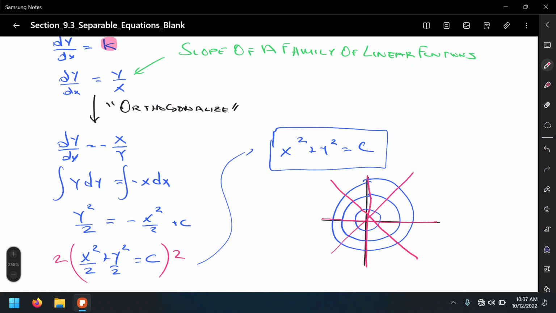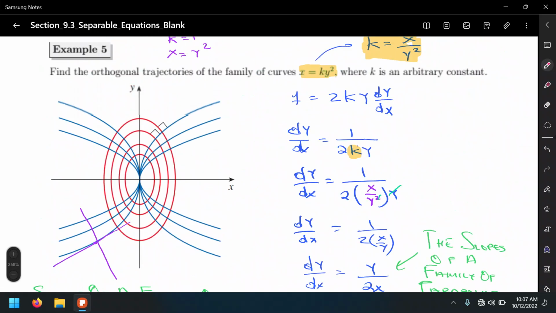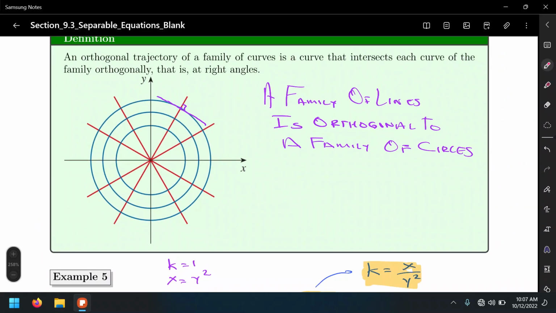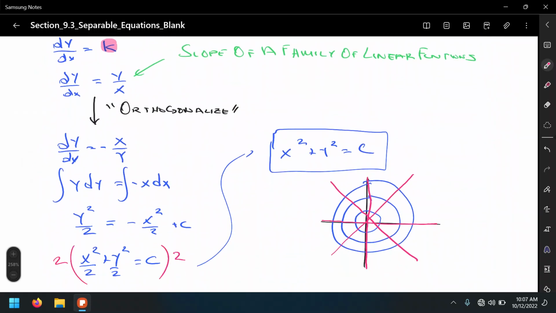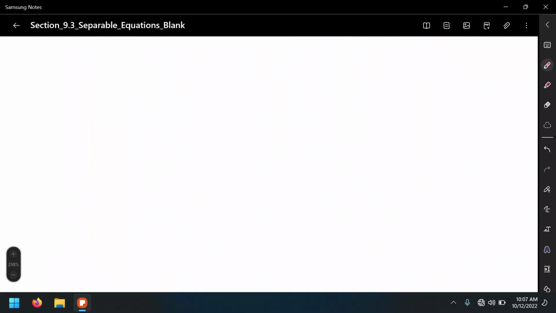In fact, this picture matches the one in the definition, when we defined what orthogonal trajectories were. So again, we're concluding that a family of lines is orthogonal to a family of circles and vice versa. All right? So that's how we get the family of orthogonal functions.